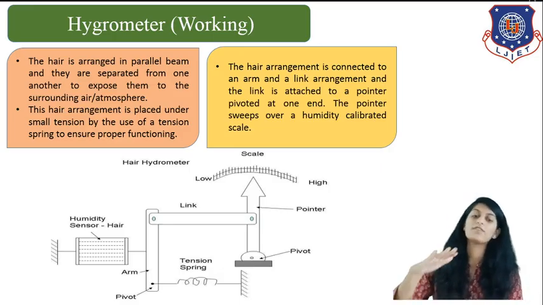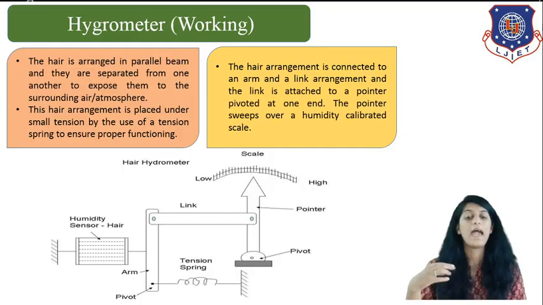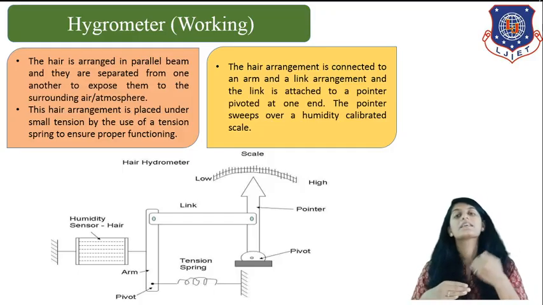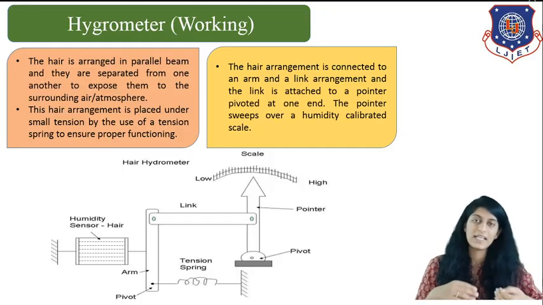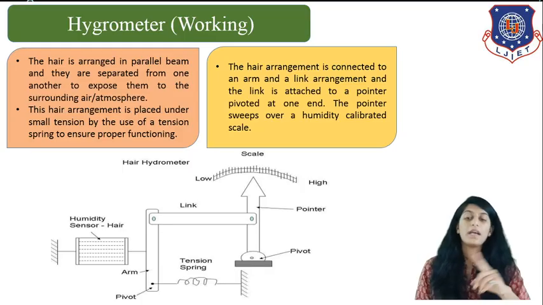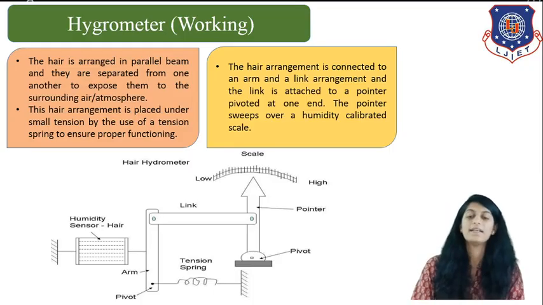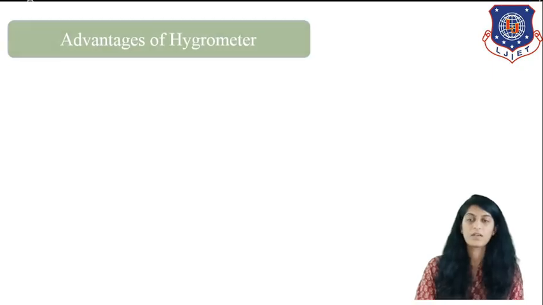So what happens when the hair absorbs the humidity from surrounding air? It will have a physical change, and that physical change is then calibrated into the scale of humidity to represent the amount of humidity present in the air, correct.